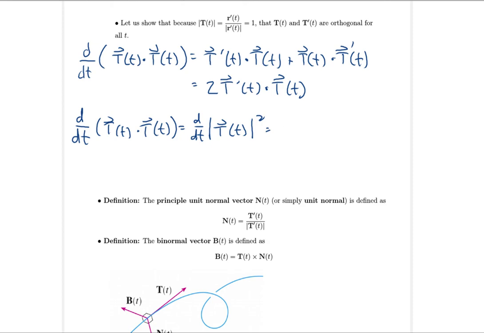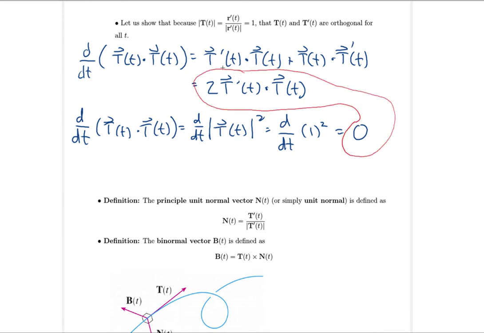So I'm just taking the derivative of 1 squared, and the derivative of a constant is 0. So what that means is that this dot product of T prime and T has to be 0. And if it's 0 all the time, then we have no choice but to say that the unit tangent vector and its derivative are always orthogonal.